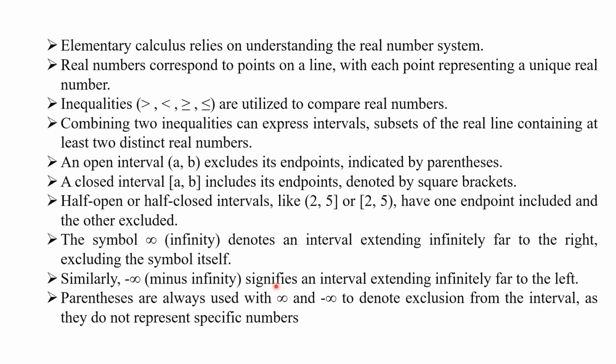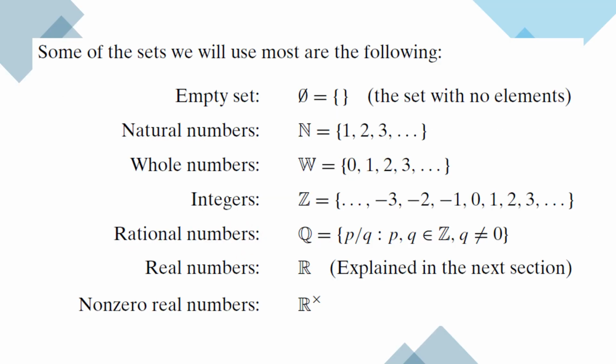Negative infinity signifies an interval extending infinitely far to the left. Parentheses are always used with infinity to denote exclusion from the interval. They do not represent specific numbers. So here is some introduction to the real number system and intervals.